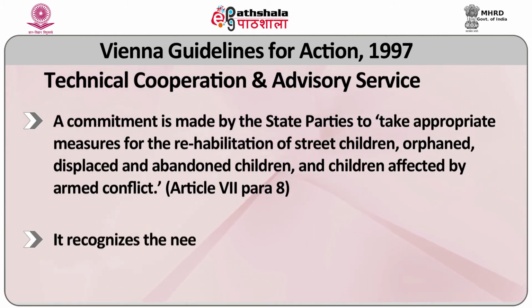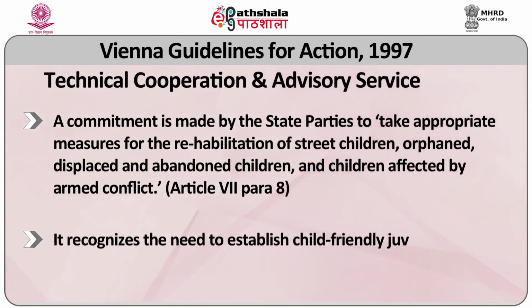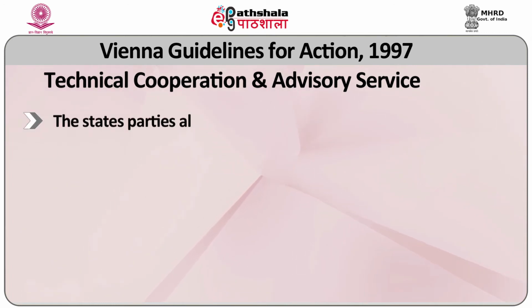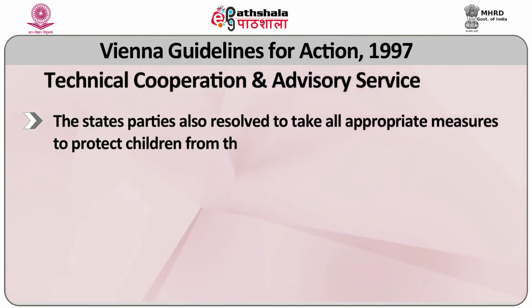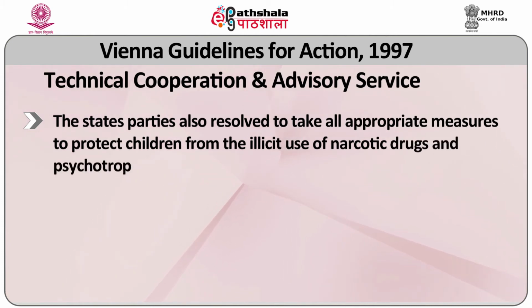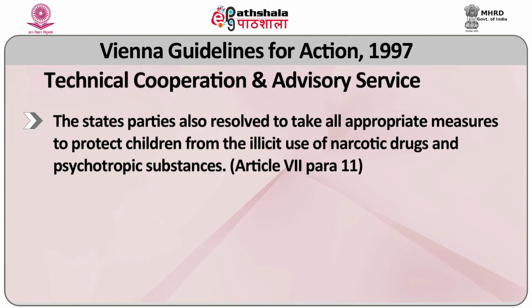Ninthly, the SAARC Convention recognizes the need to establish child-friendly juvenile justice systems. Tenthly, the state parties also resolved to take all appropriate measures to protect children from the illicit use of narcotic drugs and psychotropic substances.